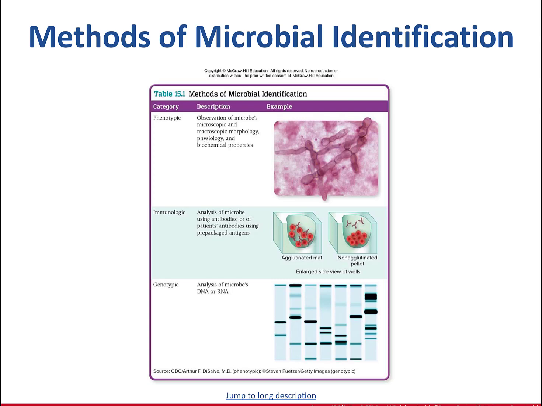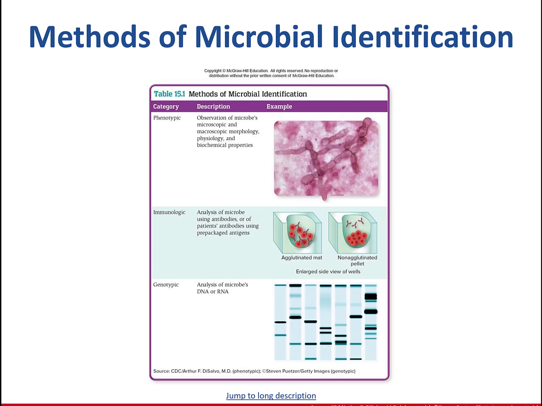Or if you have an immune response, in other words, has the patient seen this, you'll see agglutination and things like that, which means like red blood cells will kind of pile up and become clotty or congealed, whereas if it's negative, it doesn't. So there are some immunological tests that we can run.